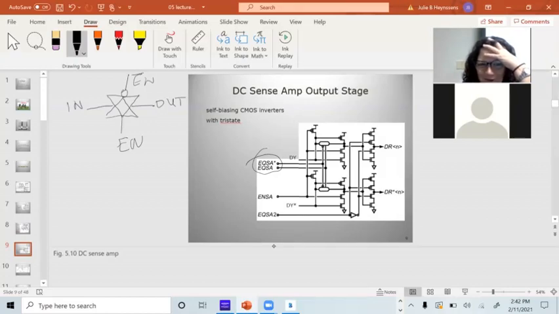It's enabling these tri-state buffers right here. I've got pull-ups on those, so when the signal's low, it's going to pull the inputs up, and then I've got some more drivers on the output. And we've talked about those drivers recently. Okay.